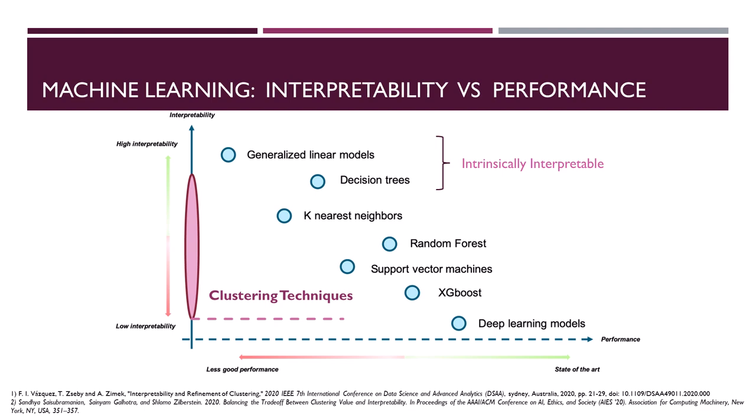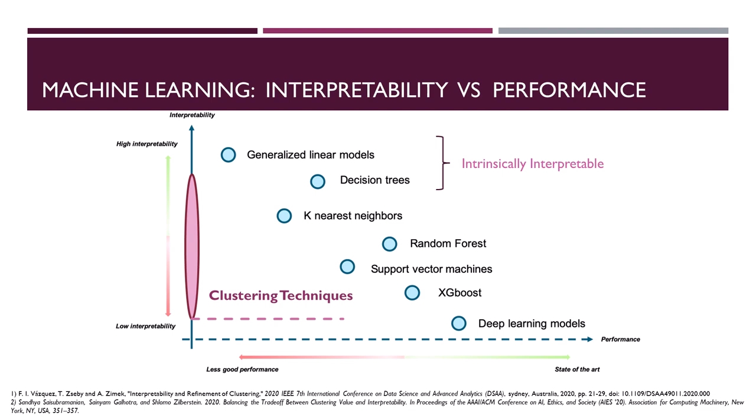On this slide, what I'm trying to show you is that clustering techniques, or unsupervised learning models, also show a similar kind of trend, where the interpretability of clustering models or unsupervised models goes down as their performance increases.